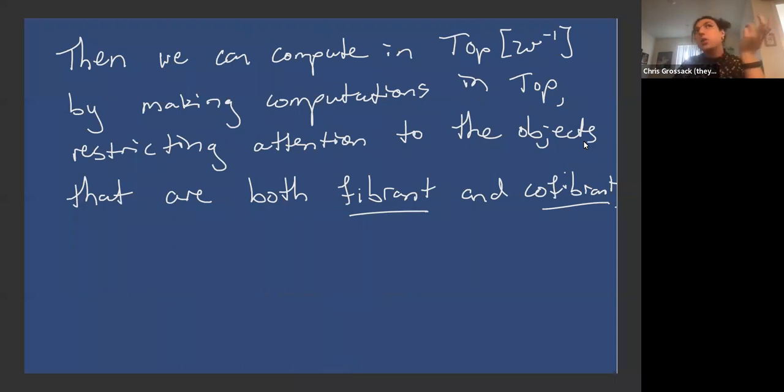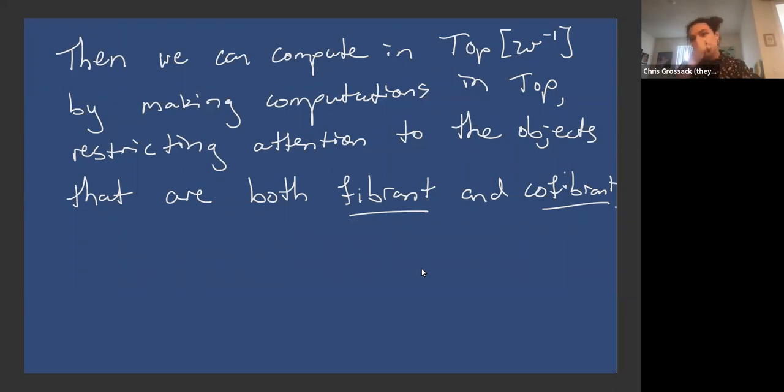So why should we care about one of these model categories? Well, it lets us compute in Top up to homotopy by making computations in Top, as long as we restrict attention to the objects that are both fibrant and cofibrant. And so by doing this, if you've heard these words like fibrant replacement, that's sort of what's going on: every object is weakly equivalent to an object which is both fibrant and cofibrant.